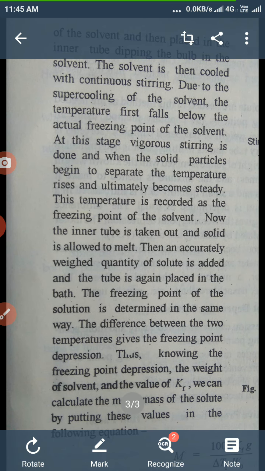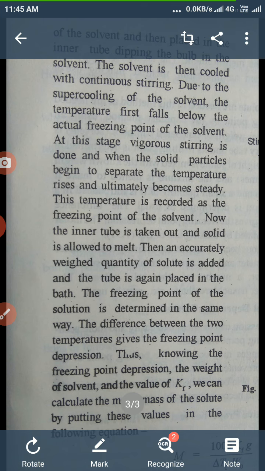The difference between the two temperatures gives the freezing point depression delta Tf. Thus, knowing the freezing point depression, the weight of the solvent and the value of Kf, that is cryoscopic constant of the solvent, we can calculate the molar mass of the solute by putting these values in the equation.